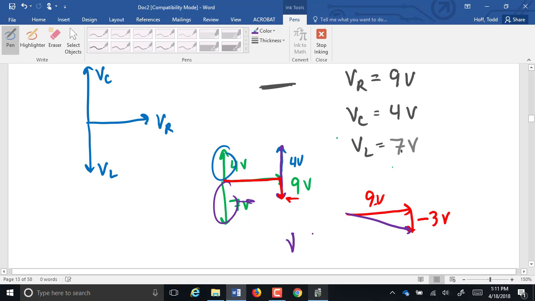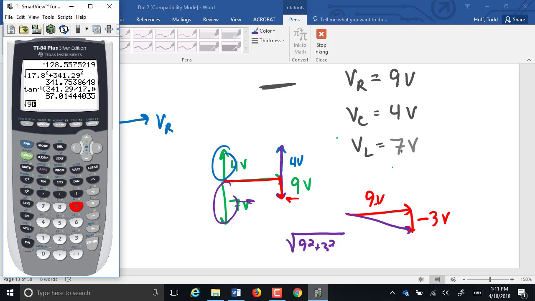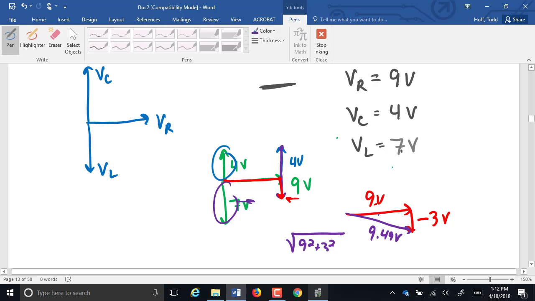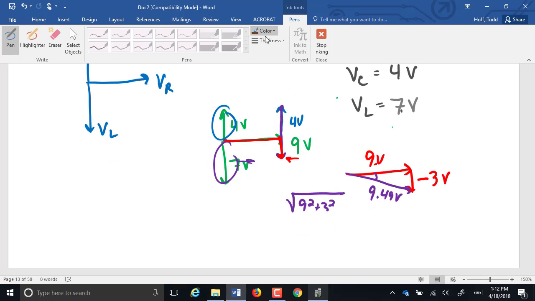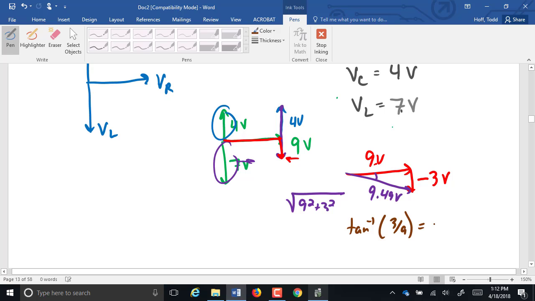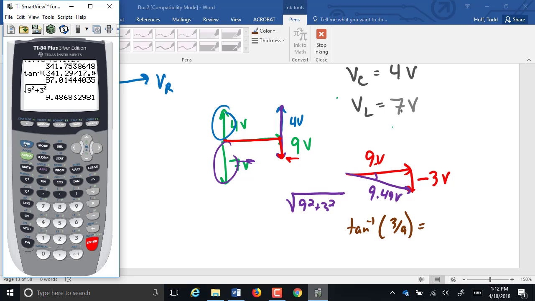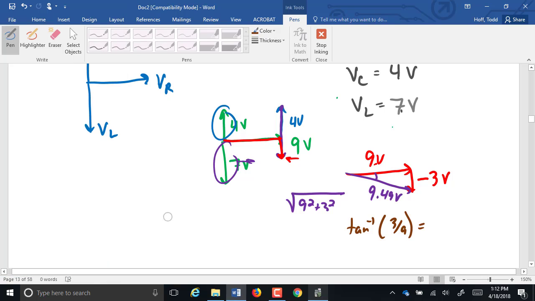So then to find this, that is the square root of 9 squared plus 3 squared, which is 9.49 volts. And the angle here will be the inverse tangent of 3 over 9, which is 18.43 degrees.